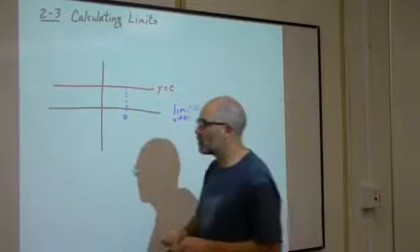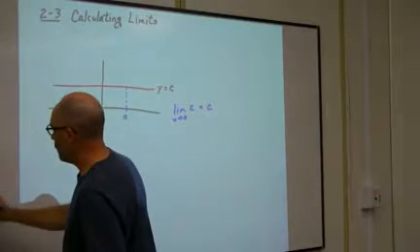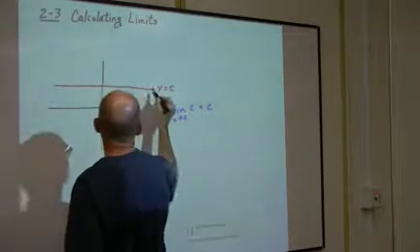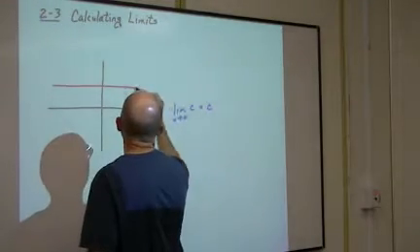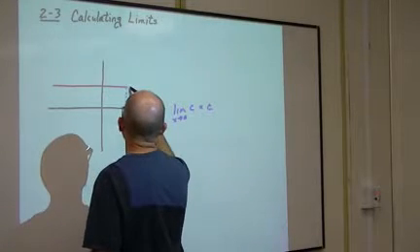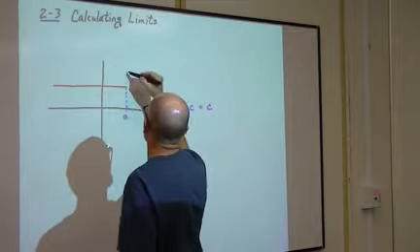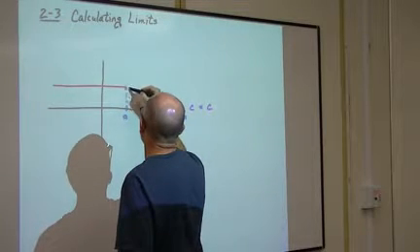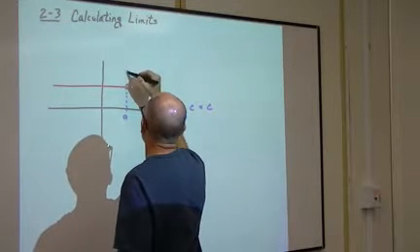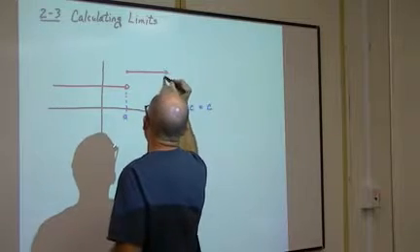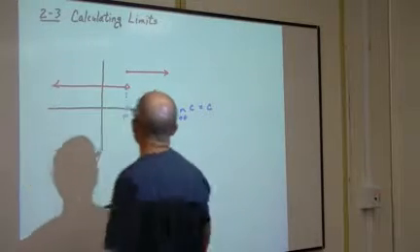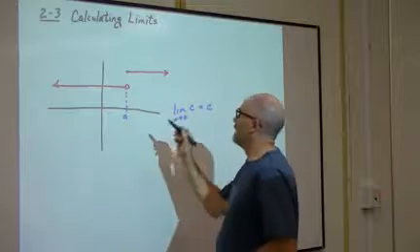But if I'm approaching from the left side, let's just say I've got a piecewise function here. And I've got this situation. Now, what's the limit as x approaches a?